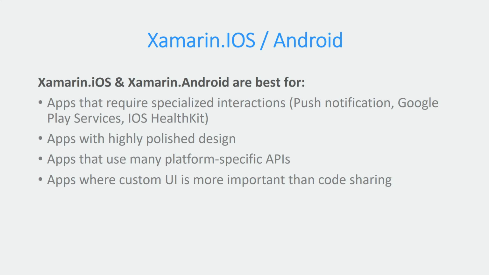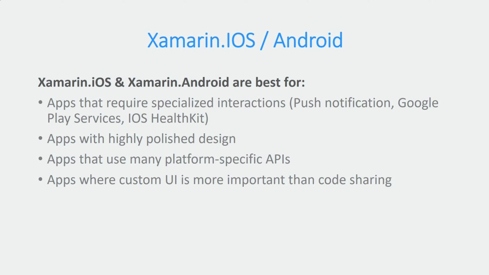Before I get more into Xamarin, there are two different ways of developing apps in Xamarin. One is where you're writing your UI for each platform and you're sharing the business logic between those platforms. So they call it Xamarin iOS and Xamarin Android.